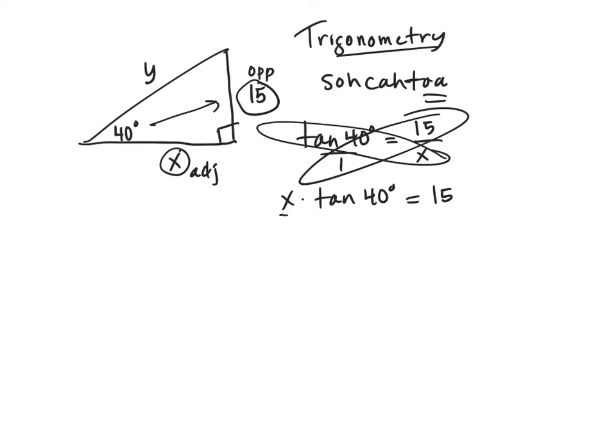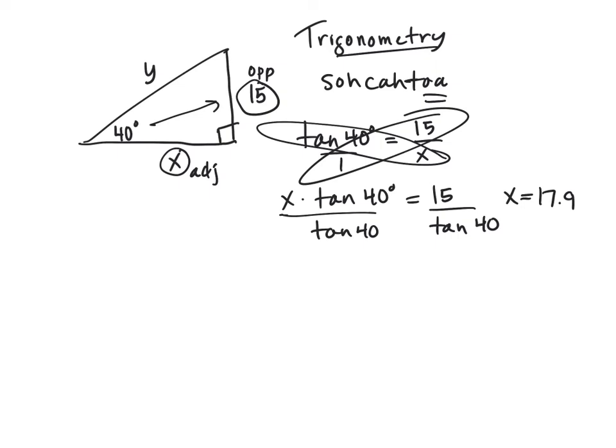So to get x by itself, I'll divide both sides by the tangent of 40 degrees. And I'll take 15 and divide it by the tangent of 40 degrees and round that to the 10th, and I get about 17.9.